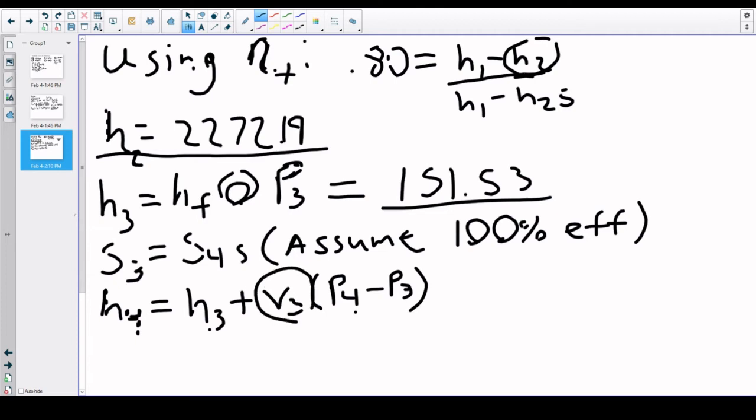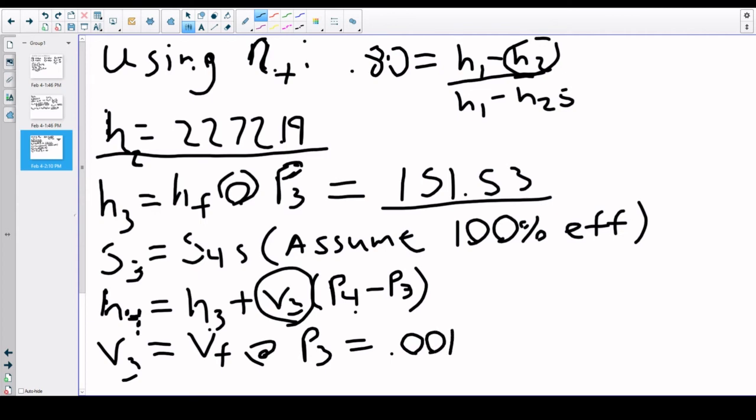And so, since we need V3, we have to go to the tables again, table A3, and find VF to be equal to, I think it's, 0.0010064. Yes. And that's just looking it up in the table.